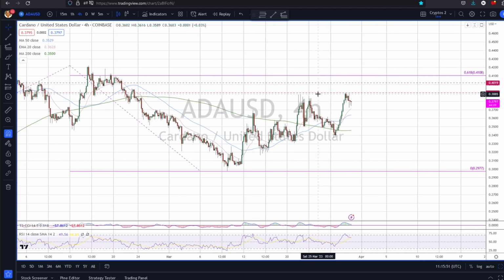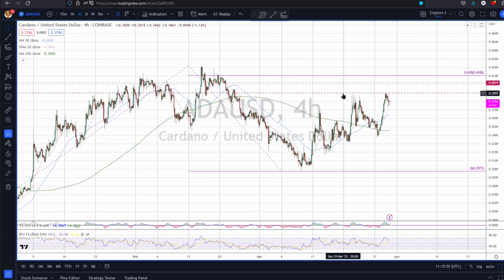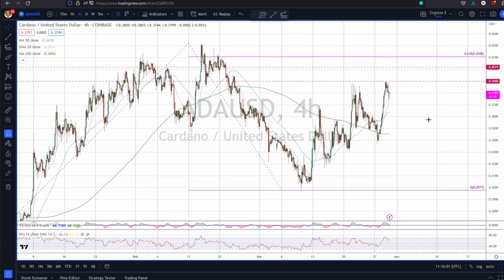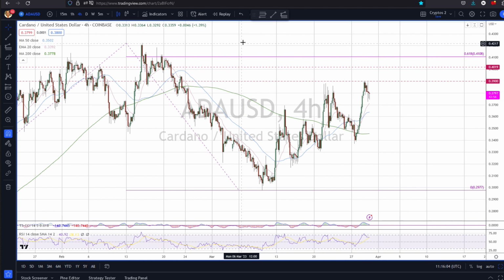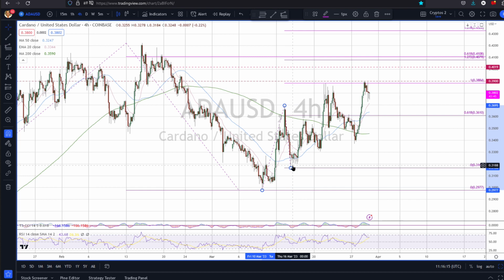Because at the moment we're struggling at these previous highs, and remember this 0.39 level is that previous spike low support and resistance, and if we look left, it is a little bit of an issue. It's not that clear, but there we are. And the other reason this is a little bit risky, let's measure low to high. What's this, 3 waves?